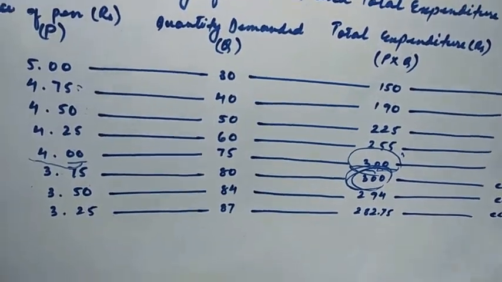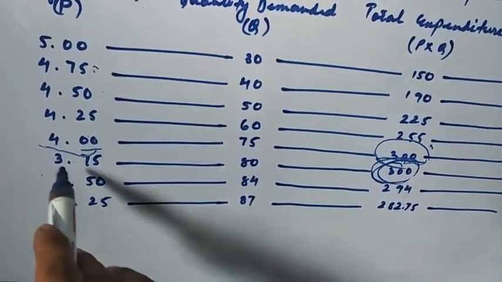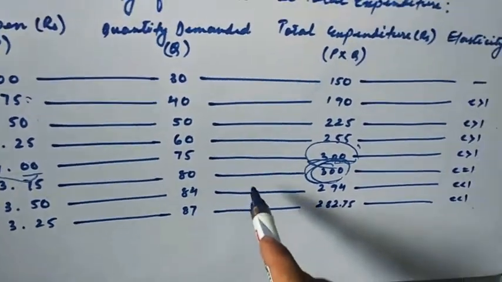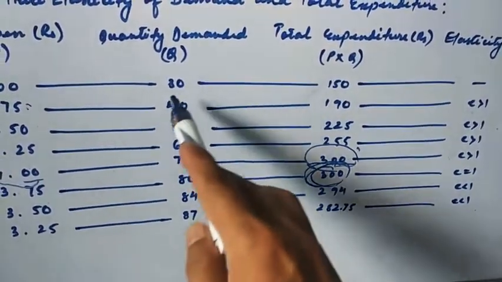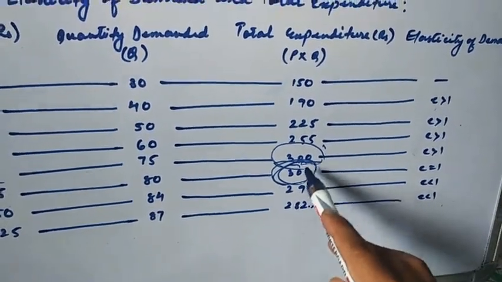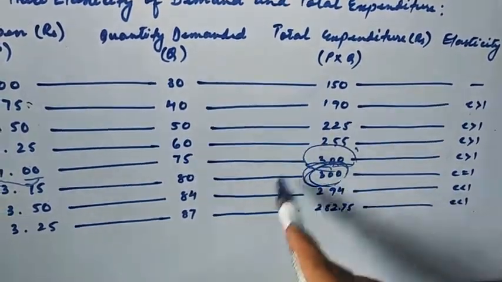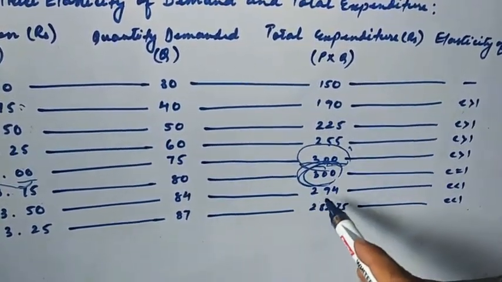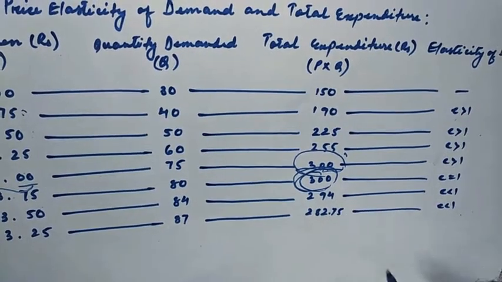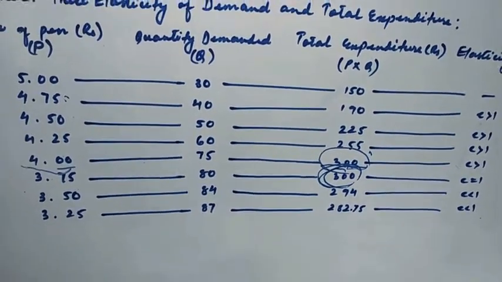And again, when price further falls from 3.75 to 3.50, quantity demanded increases but the total expenditure decreases. Price has fallen, quantity demanded increases so much that the total expenditure decreases, which means that price elasticity is less than 1.